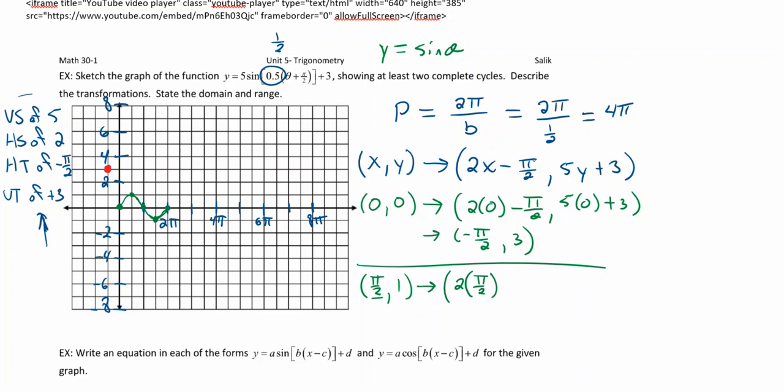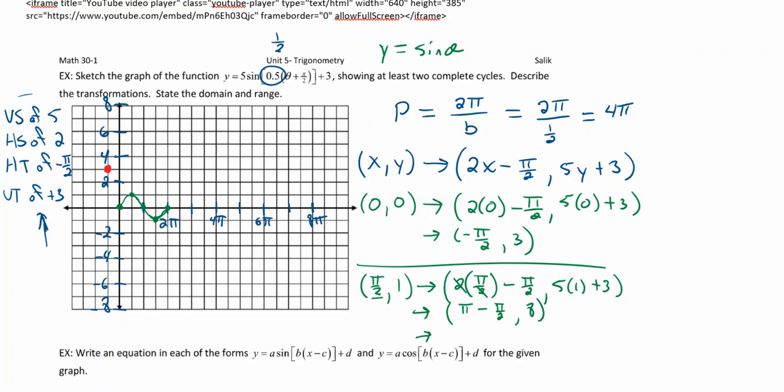Pi over 2, and then minus pi over 2, comma, and then our y values will be 5 times 1 plus 3. That makes sense. We're going to have 8 for that, right? Which I'm thinking will still be my max point. All right, so simplifying that down a little bit. So now the 2's cancel there. So we've got pi minus pi over 2. I'll just leave that for one more step here. Comma, and then this is 8, right?